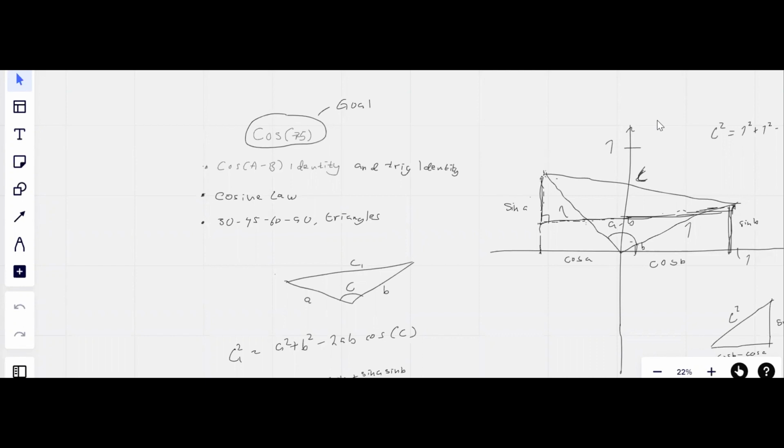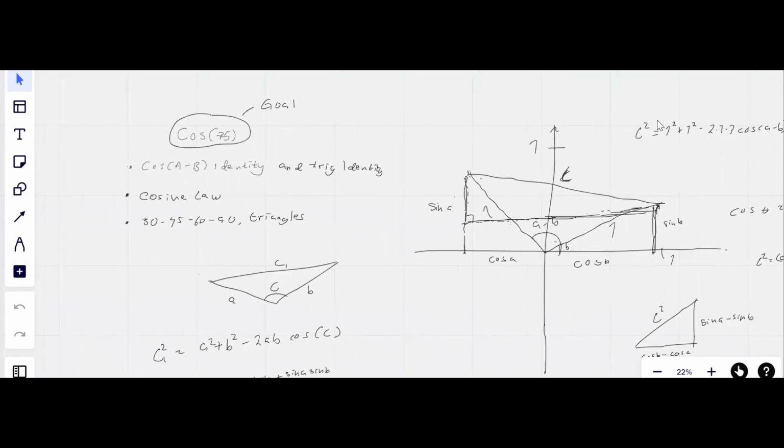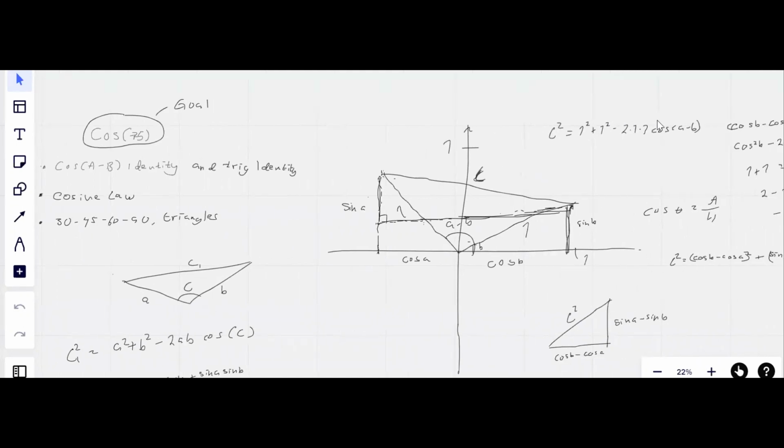Before I begin this class, I would like to point out a minor mistake I made last time. I forgot to explain where I got this A minus B angle.